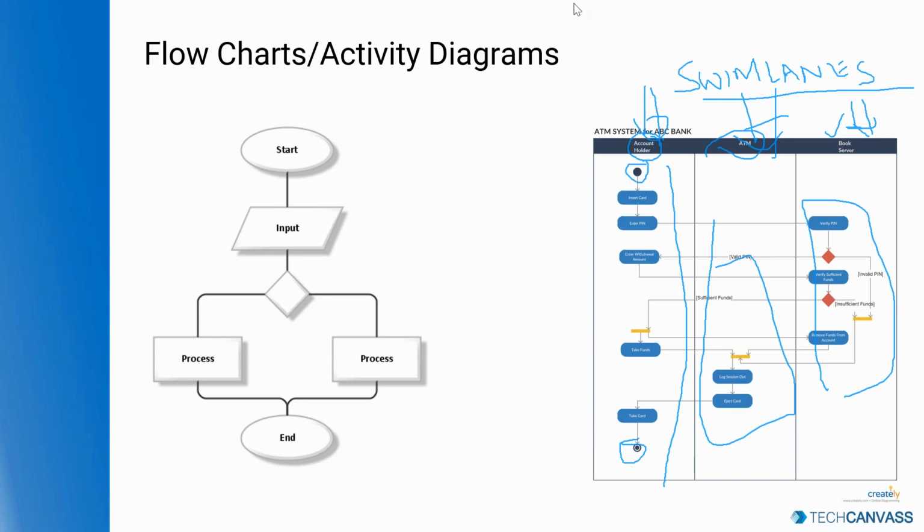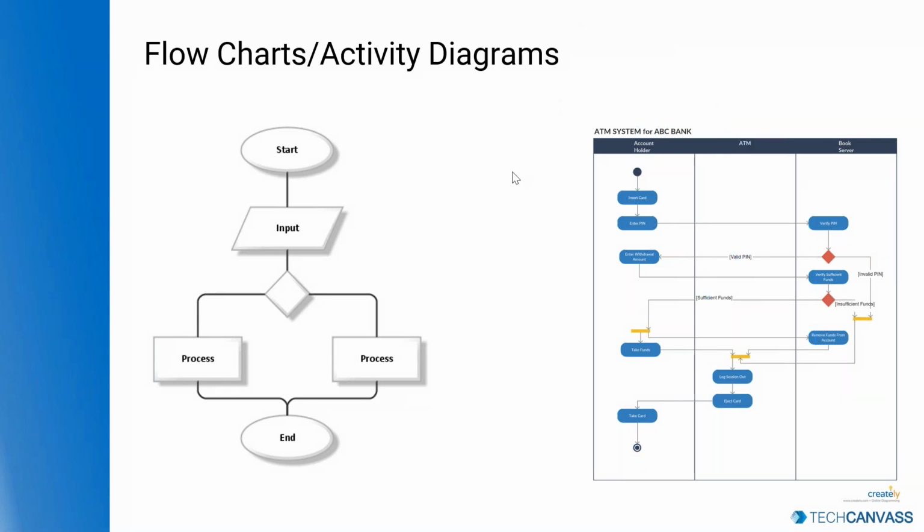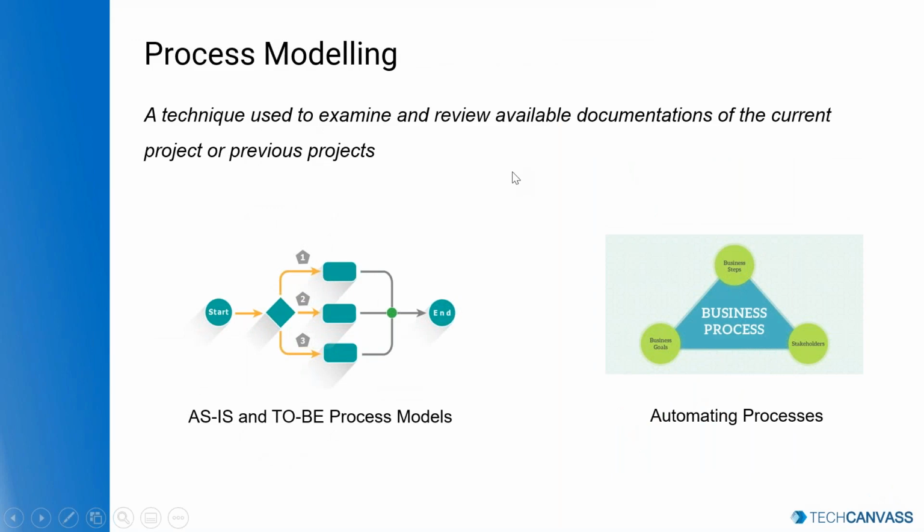Now, process diagrams are used, as you can understand, it's a common thing. It has to be used in every project, but it becomes even more important when we are doing process improvement projects. Here, what we do is make two process models, one for the existing process and one for the improved process.